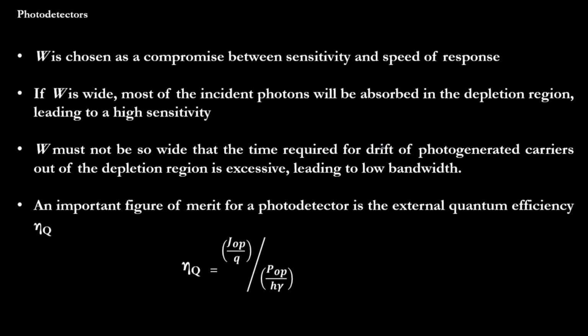It is very simple. If the depletion region is too wide, just assume this is the depletion region, this is entirely W. Assume here one electron and hole are generated, and it takes a long way to reach the other side, so the response time is going to be less.